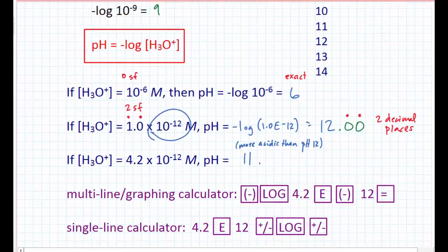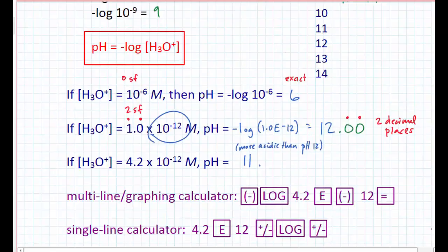But to get the actual number, we need to use our calculator. So get your calculator out. There are two ways to do this based on what type of calculator you have. But either way, the math we're going to do is negative log of 4.2 times 10 to the negative 12.